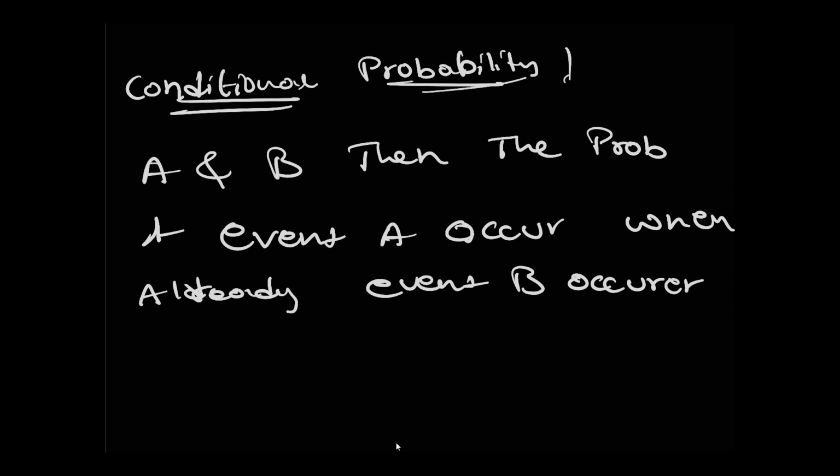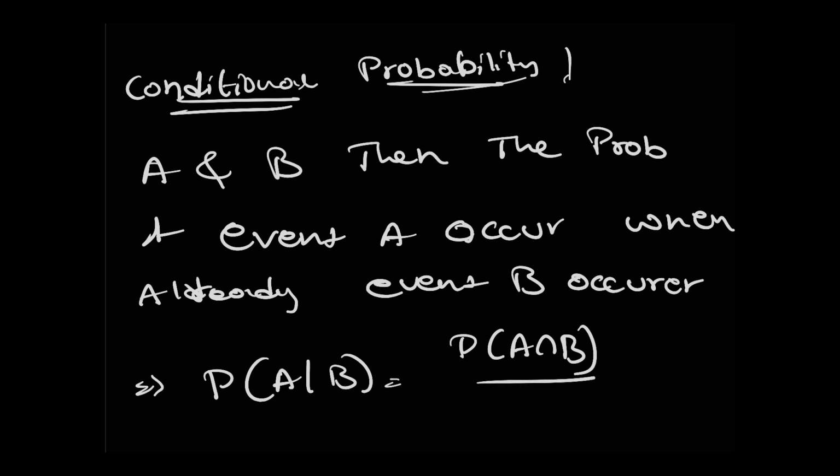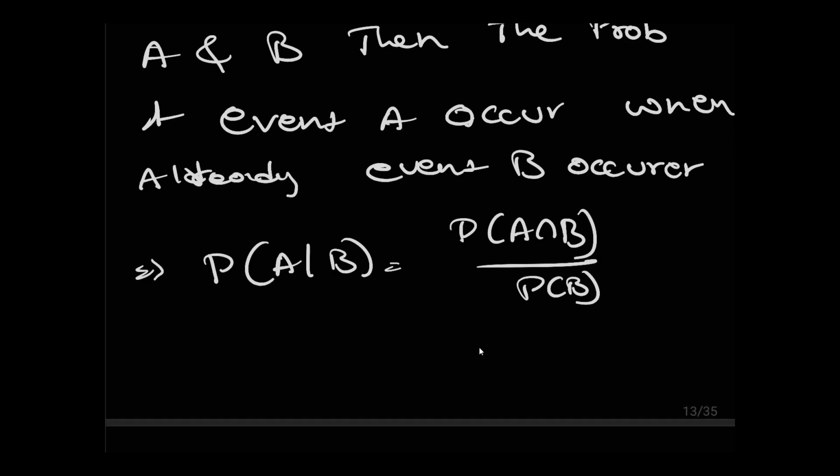It is denoted by probability of A given B, and it will be probability of A intersection B by probability of B.